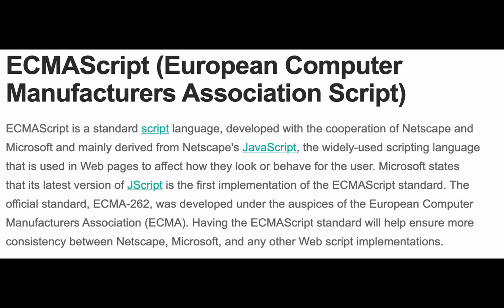And that's why nowadays when it's evolving, it should be approved by this association, and it should be a standard. And that's why when new versions are released, we call them version 6, 7, and I guess the latest one nowadays is version 9.